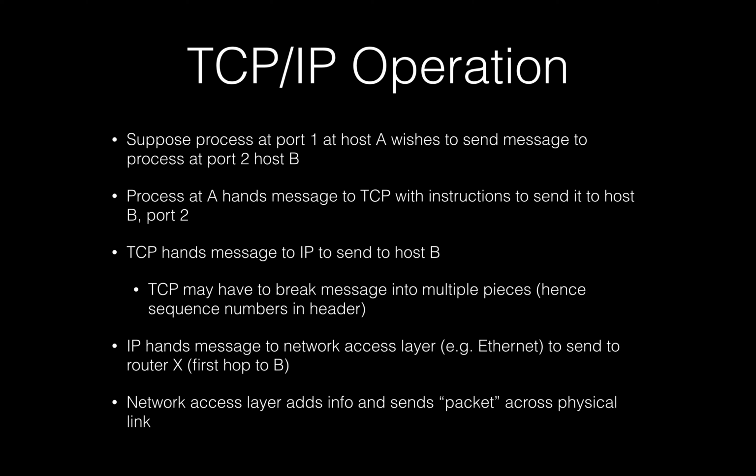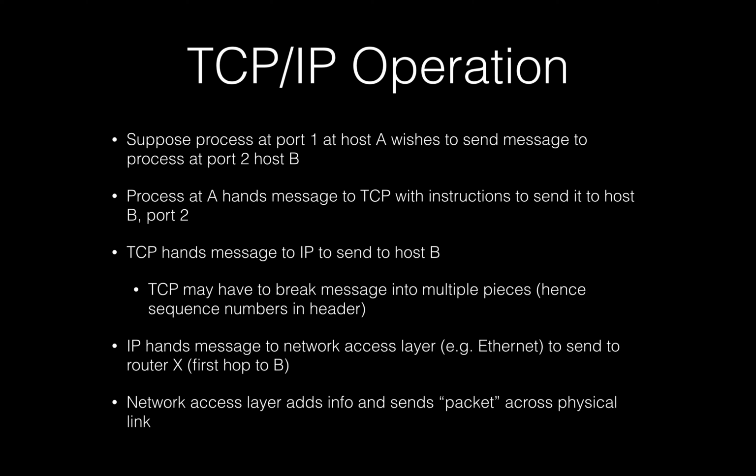Going back here, TCP hands the message to IP to send to host B. TCP might have to break the message, as I called out, if the packet is too big to hold all the message in one TCP packet.